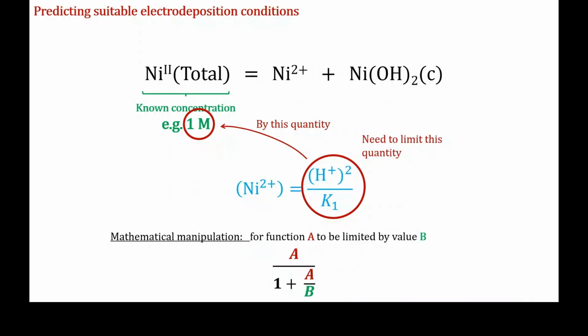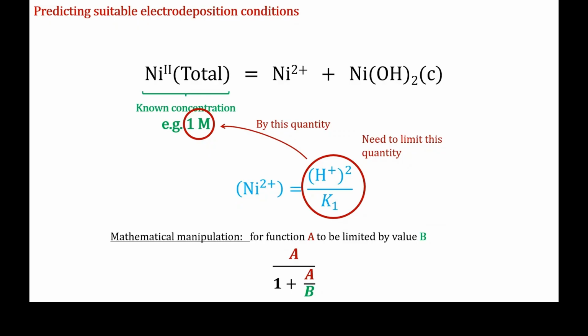the solution. And this involves doing a mathematical trick where you impose a limit using this mathematical manipulation, right? So if the quantity that you're calculating is limited by a physical constant B, and the B is what you put into the solution, in this case it's 1 mole, this is the mathematical equation using which you impose that limit.